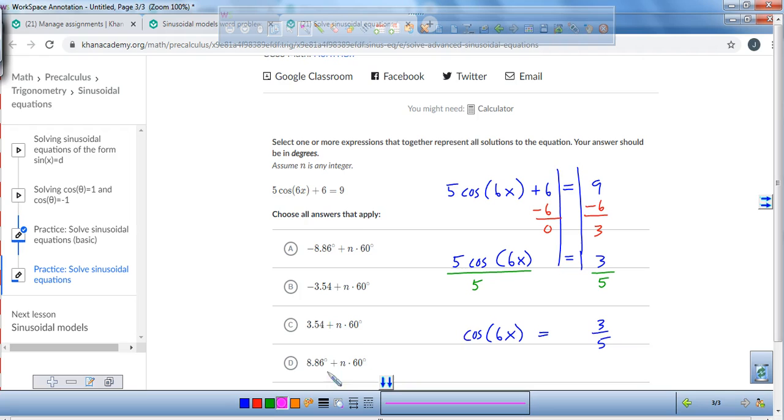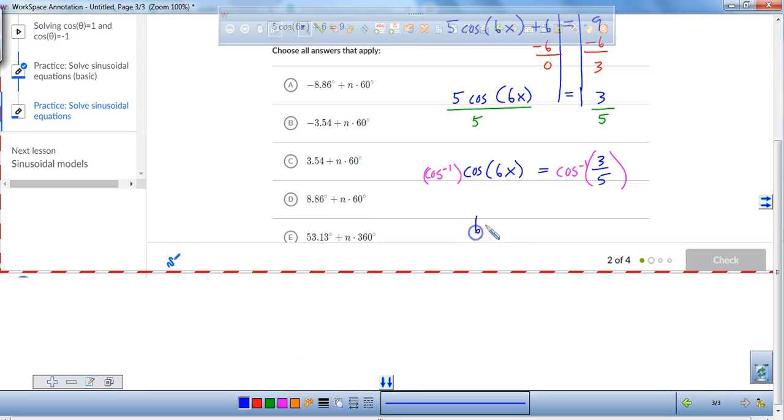And this is where you're going to have to apply the inverse of cosine on both sides. Inverse of cosine on this side, inverse of cosine on this side, and you're going to get 6x equals whatever this approximate value for the inverse of cosine is.